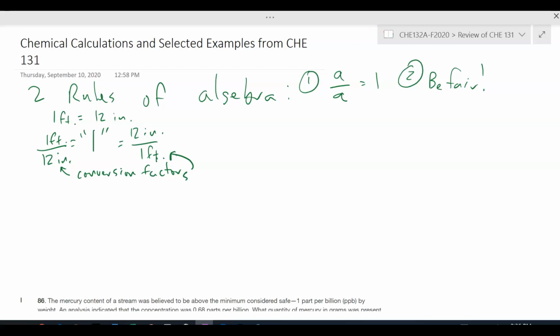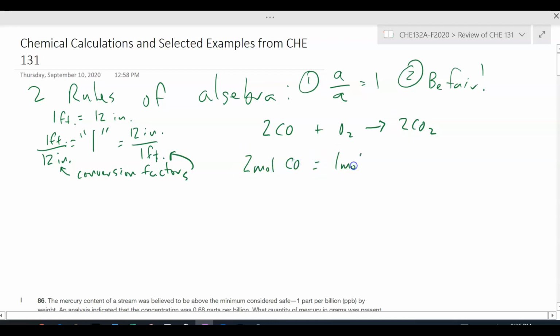So if we have a reaction like this, 2CO plus O2 goes to 2CO2, that tells me that 2 moles of CO are equal to 1 mole of O2, which are equal to 2 moles of CO2 in terms of just this reaction.